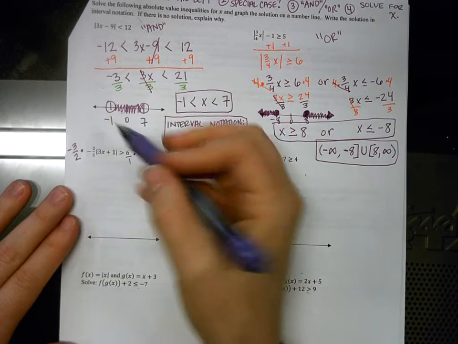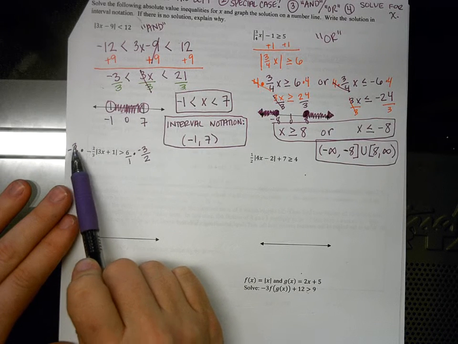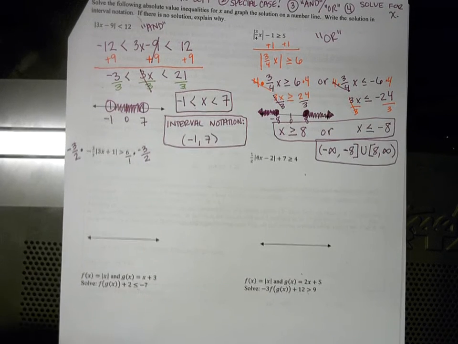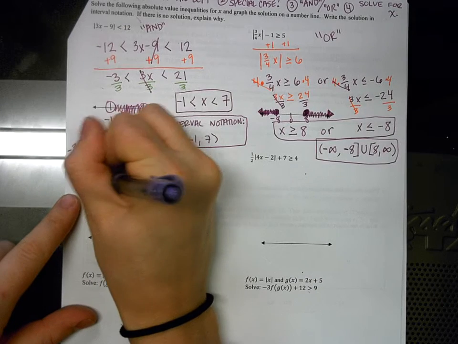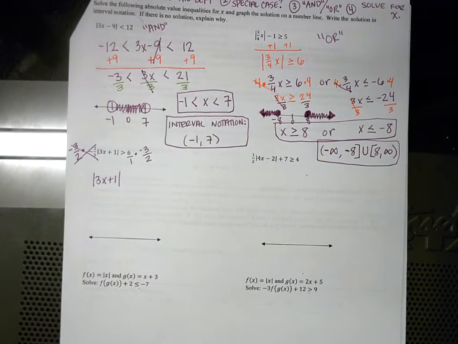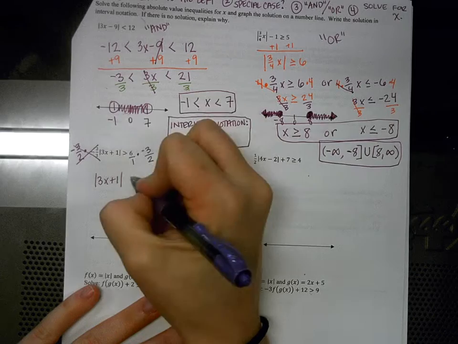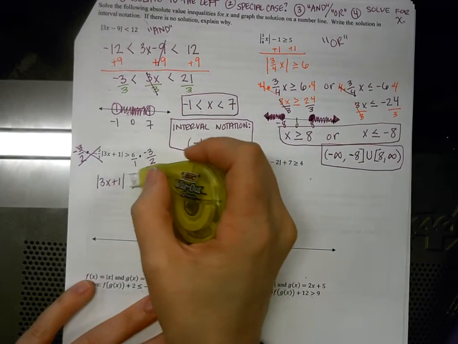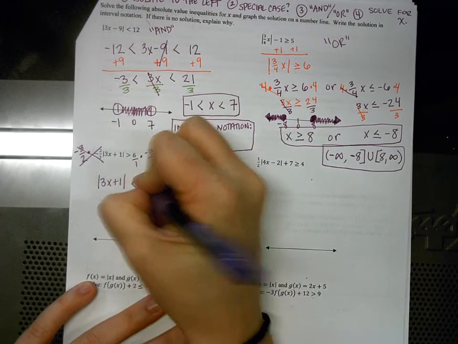Alright, so negative times negative is positive. 3 times 2 and 2 times 3. That gives me 6/6. What does 6/6 equal? 1. And 1 times any absolute value is just that absolute value. So basically, these cancel each other out. This fraction we want to multiply straight across. What happens when you multiply by a negative number? Your inequality sign flips.